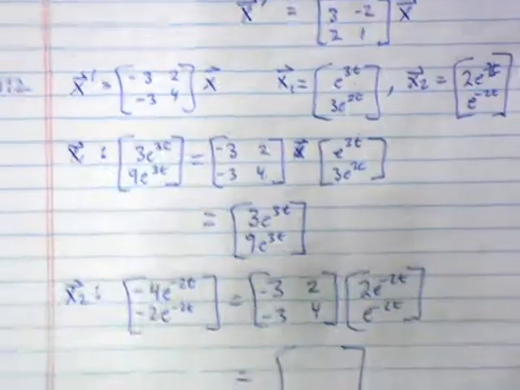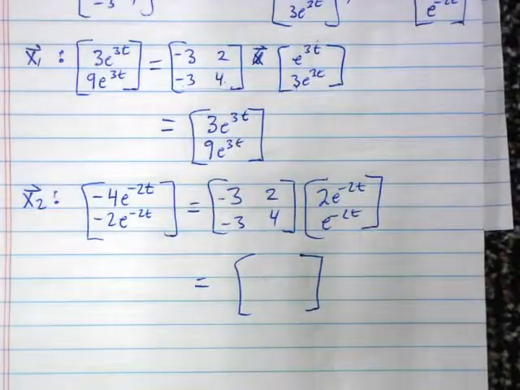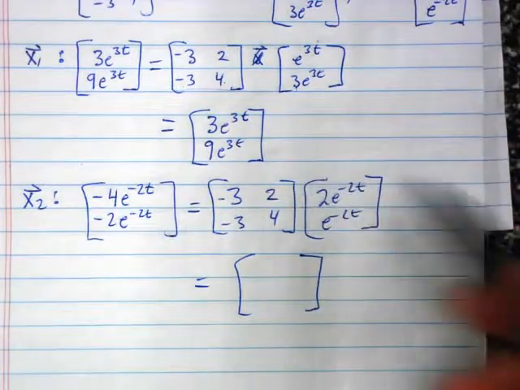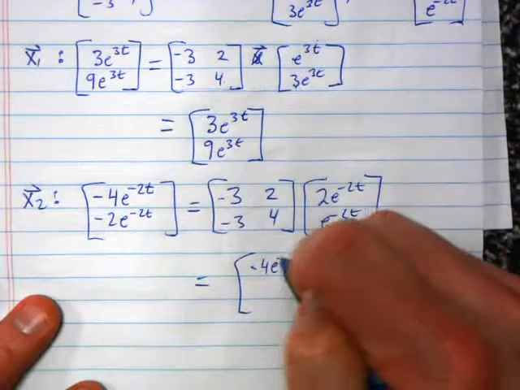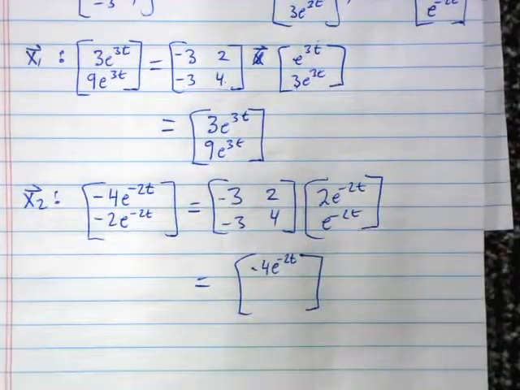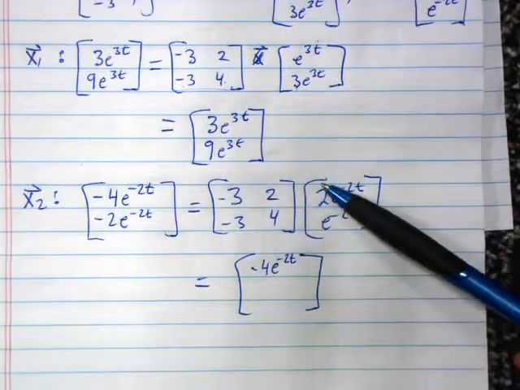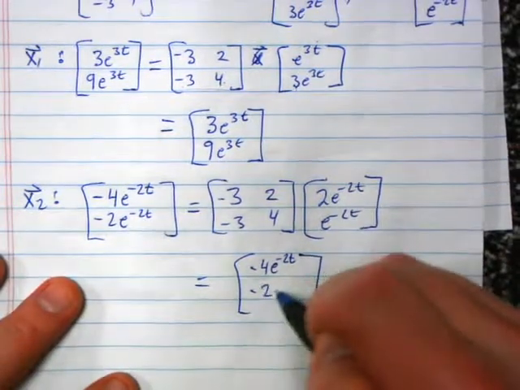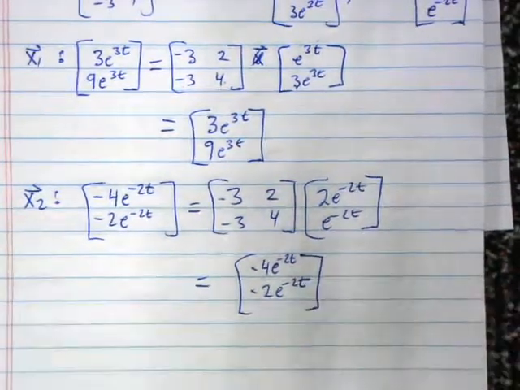I work out the multiplication. Negative 6 plus 2, that's negative 4, e to the negative 2t. And then I have negative 6 plus 4, that's negative 2, e to the negative 2t.